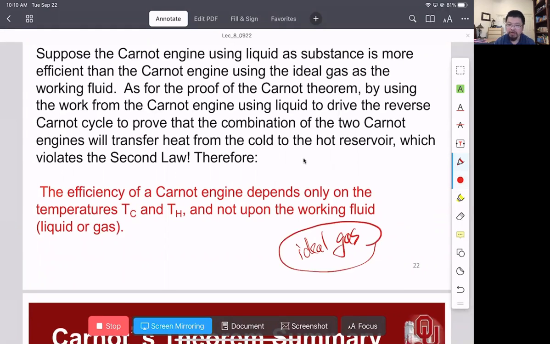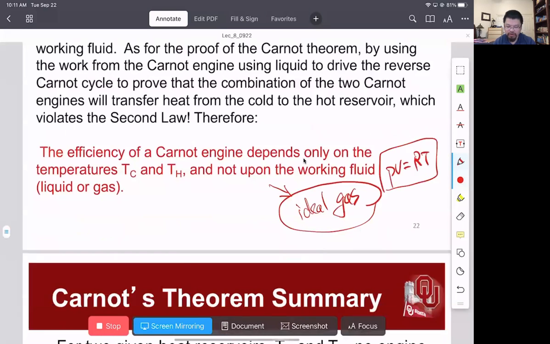If you are using ideal gas, we could achieve the same efficiency, so why not? This is the easiest model in thermal, and we should be able to calculate all sorts of properties very easily using PV = RT, right? Work or heat flow, the same type of calculation we had in exam 1.